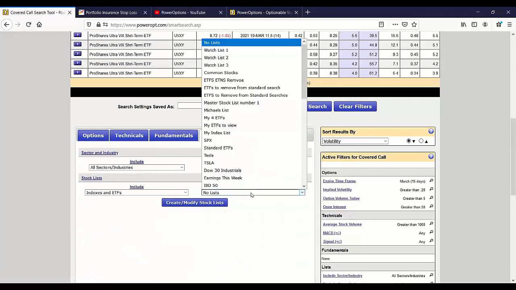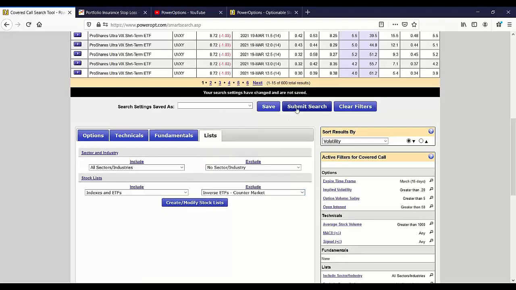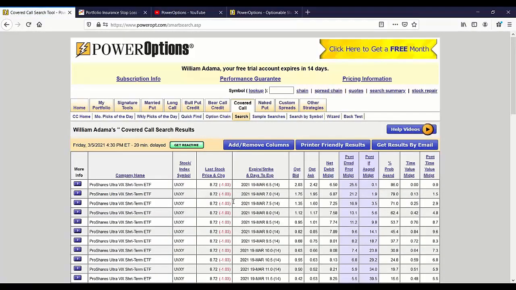So we'll go back to our list field, scroll down here, and we can remove the inverse ETFs, or the inverse and leveraged ETFs, or just the leveraged. I'm going to start with just removing the inverse ETFs for the time being, because we're looking at a covered call, neutral to bullish strategy.